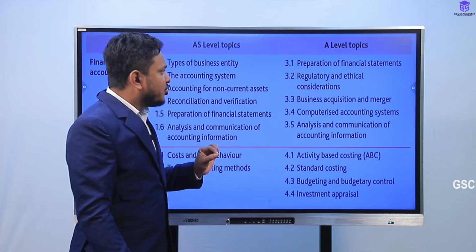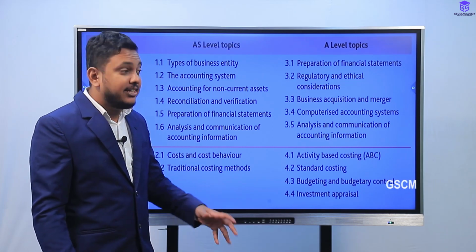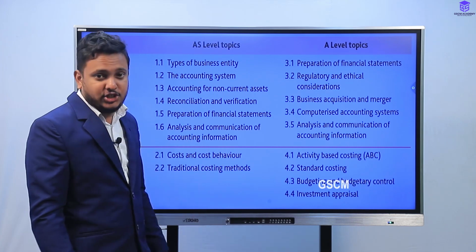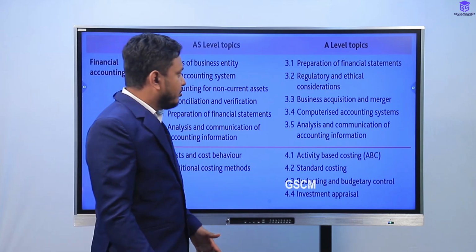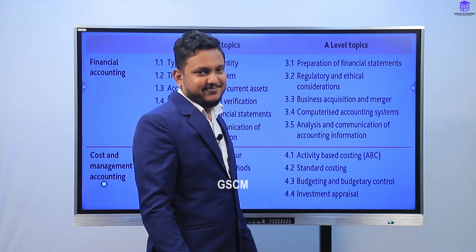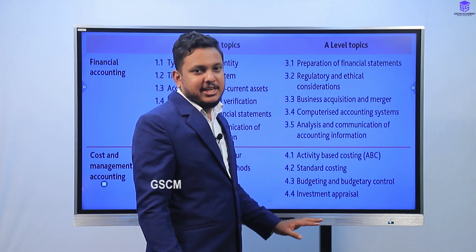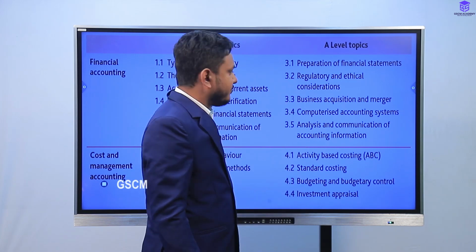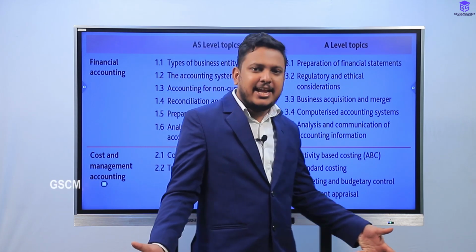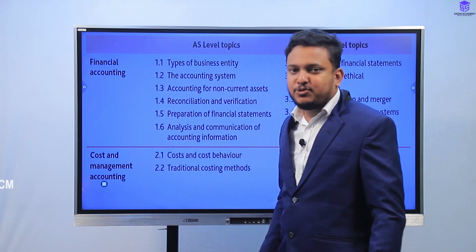Then without stopping there, if you decide to go further and get the A level qualification along with the AS qualification, you have to do more examinations. You have to face more papers, right? To get the international A level qualification, you need to cover these topics as well. Again, it can be classified into two: financial accounting, and cost and management accounting.